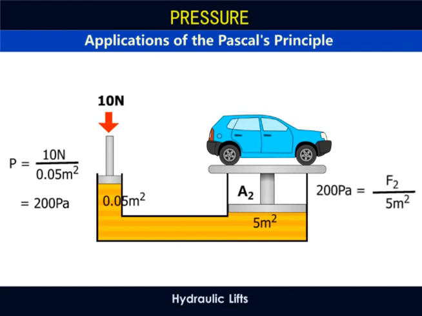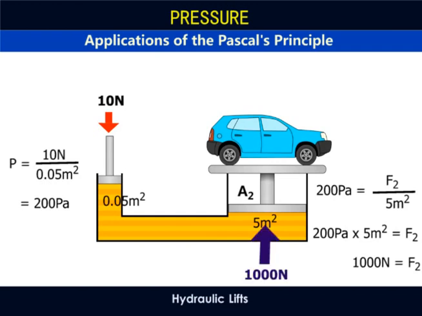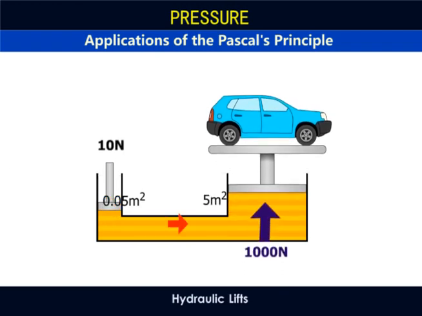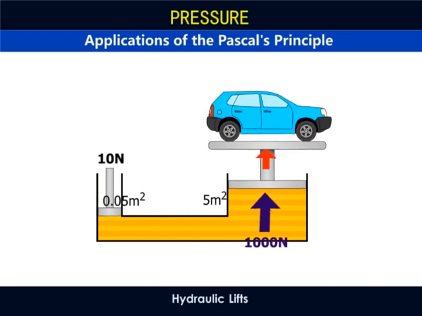So to get force, we multiply 200 times 5, and that gives us 1,000 newtons. You see, applying a force of 10 newtons, we generate 1,000 newtons by simply changing the area of cross-section. So we can lift a very heavy load. The two are related by the formula force 1 over force 2 is equal to area 1 over area 2.